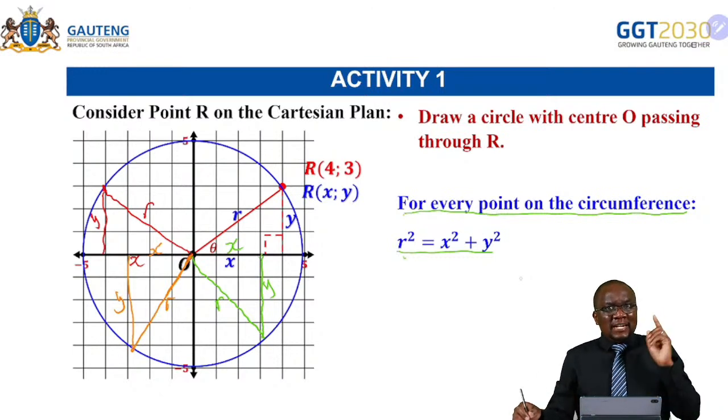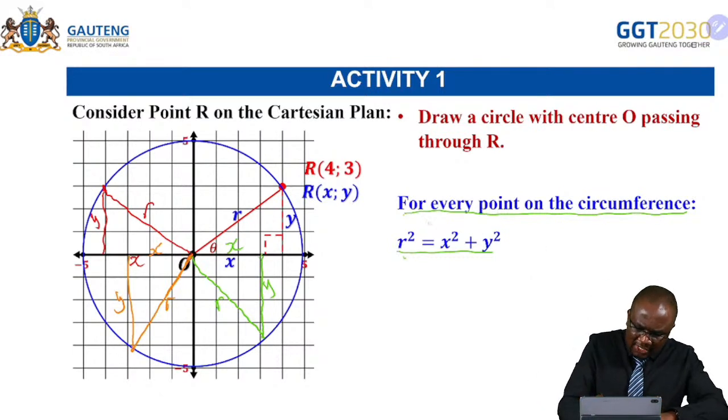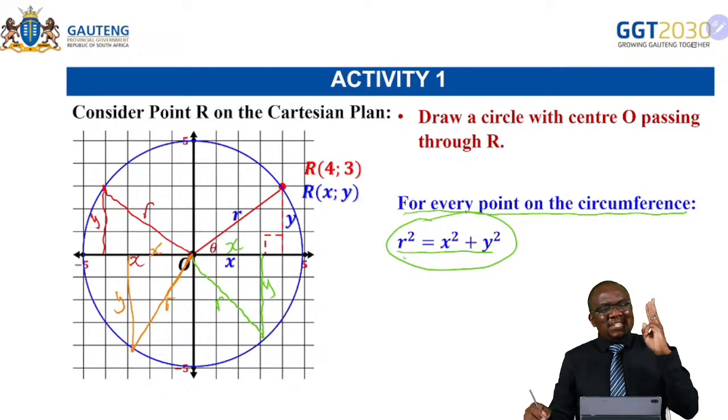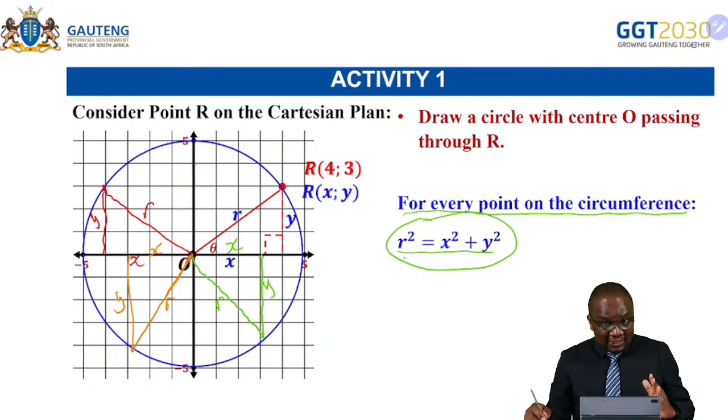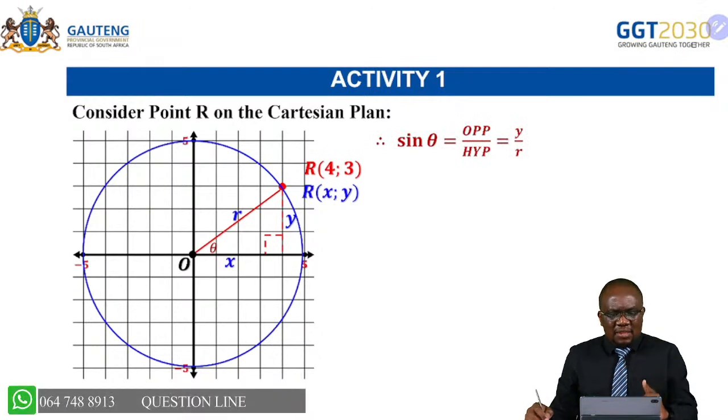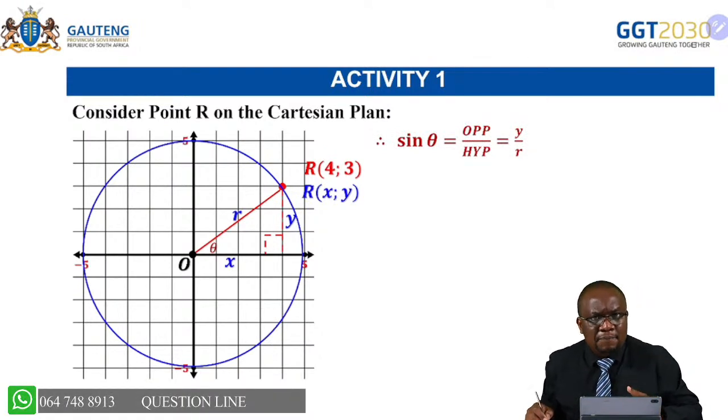Okay? Right, now, one important thing that we've done. Now we need to define our 3 trigonometric ratios using x, y, and r. That's what we are going to be doing now. Now, sine theta, let's go back to our quadrant 1. Sine theta is opposite over hypotenuse.